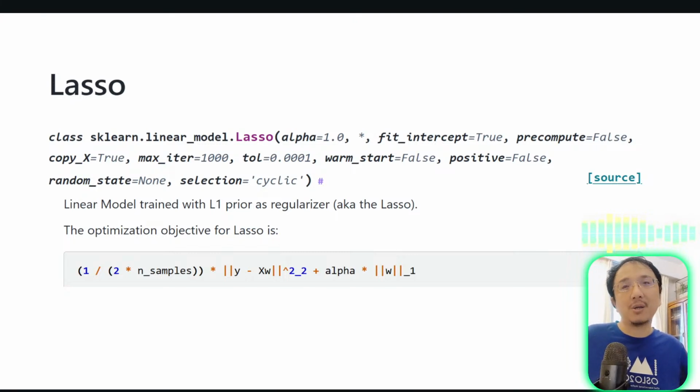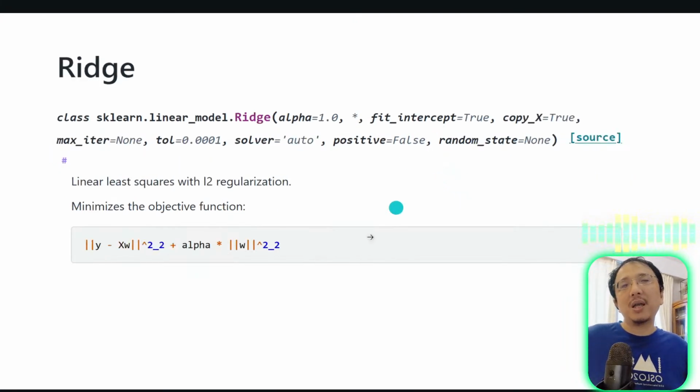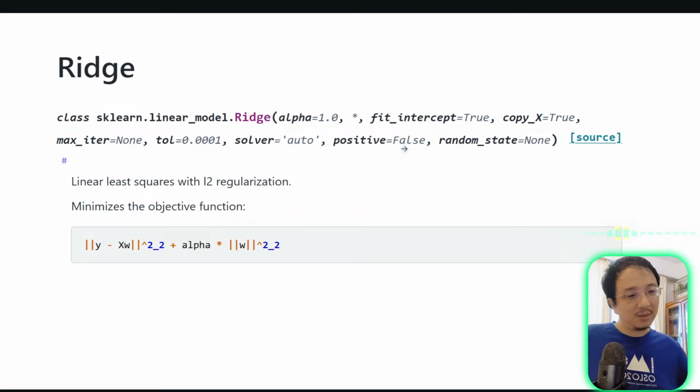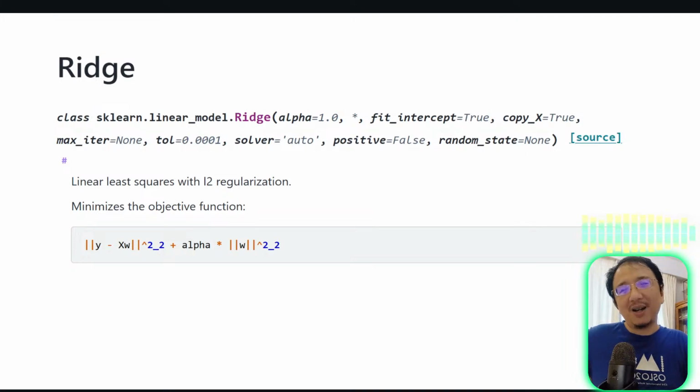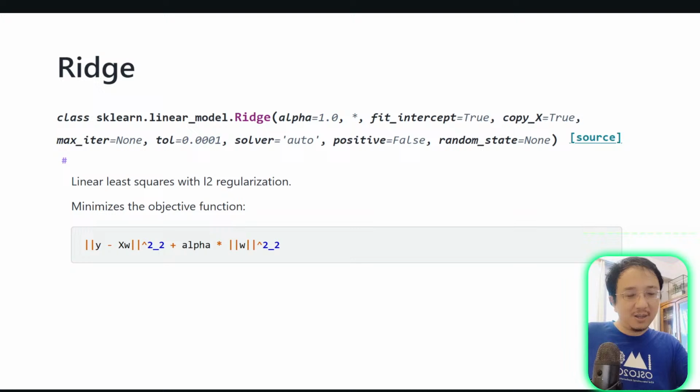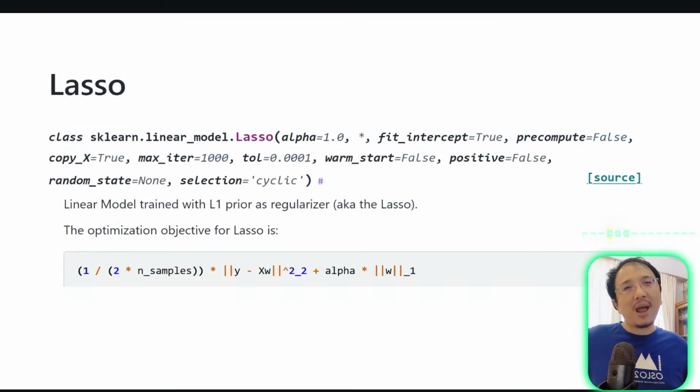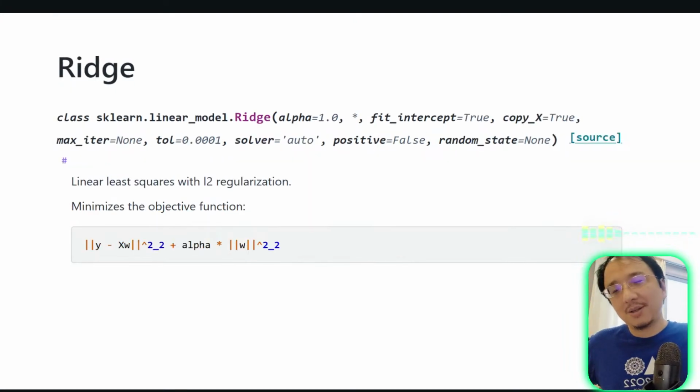If you are using L2 regularization, we call it a ridge model. So that's unnecessarily complicated, right? It's simply just a linear model with L2 regularization. And the other one is simply the linear model with L1 regularization.